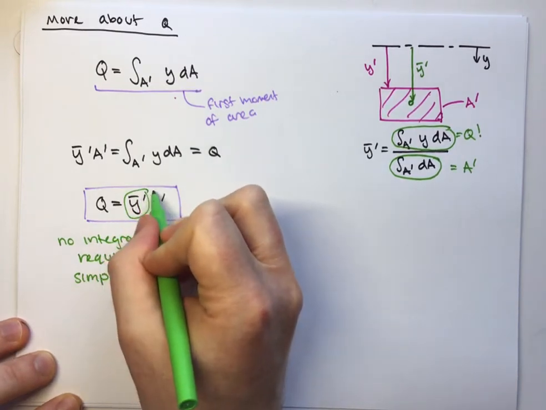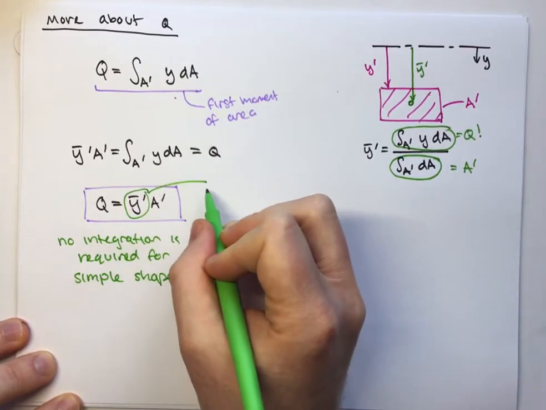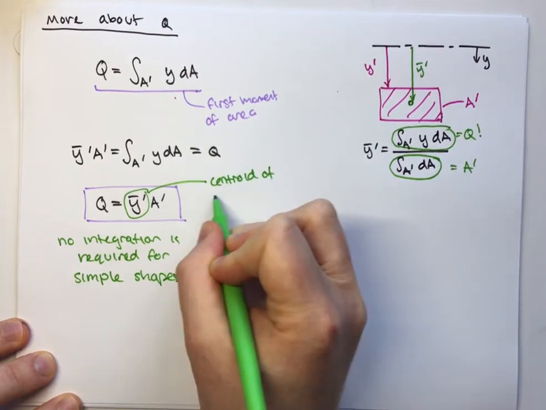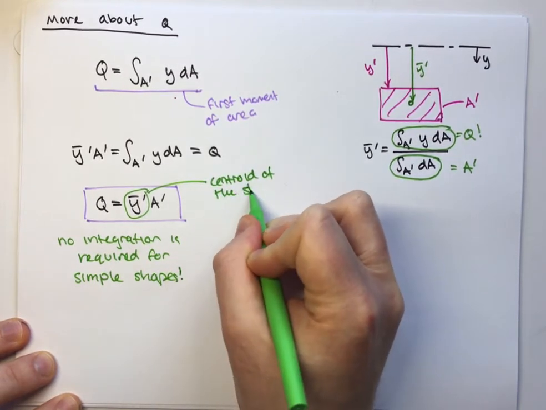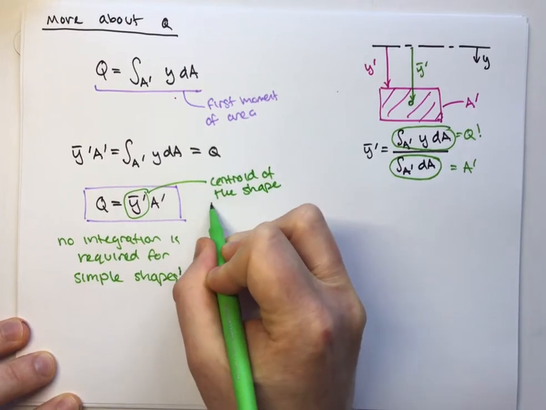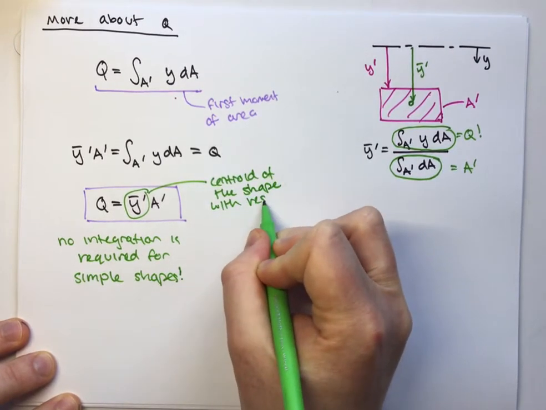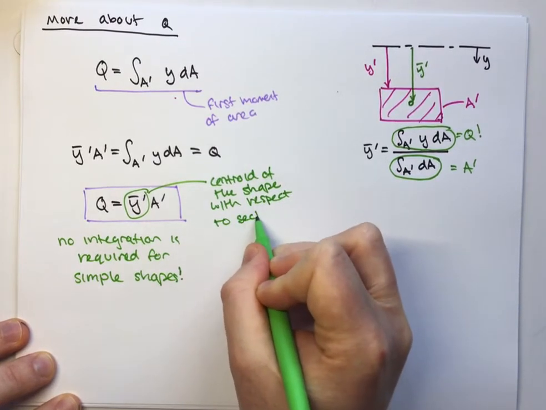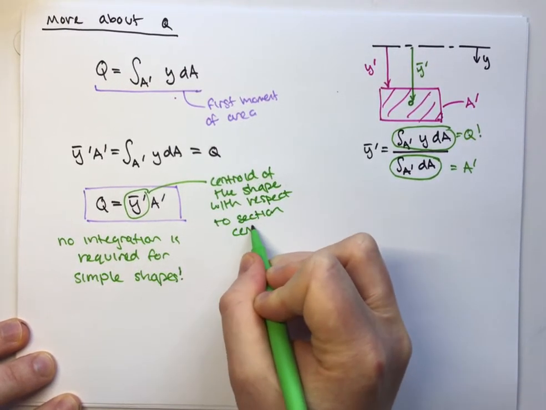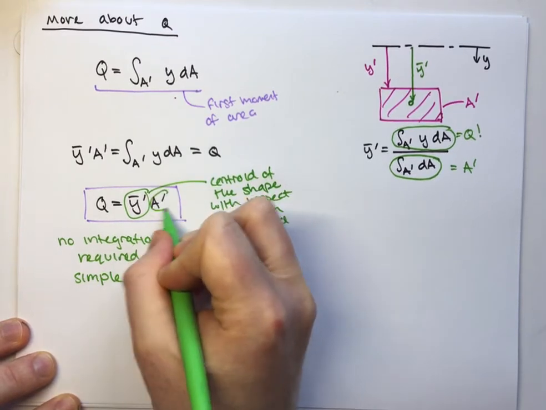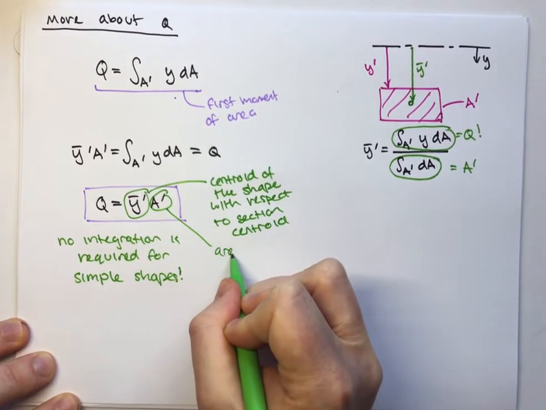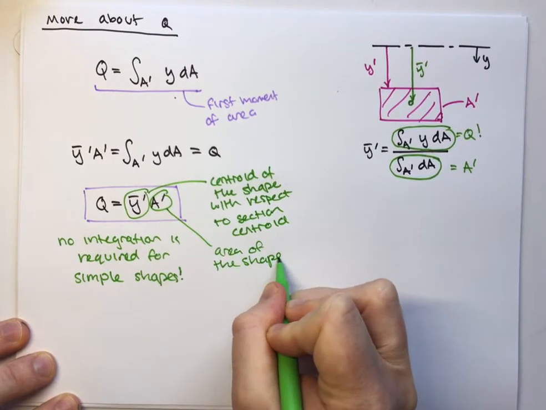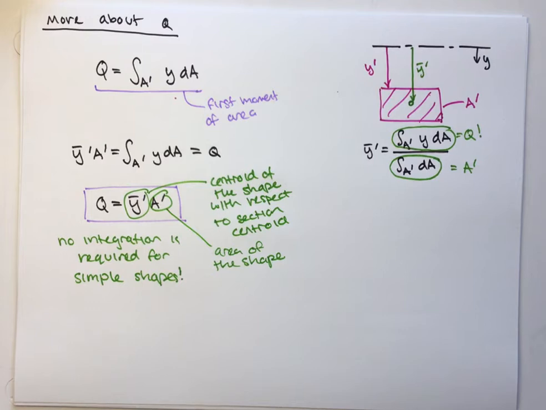We have here the centroid of the shape with respect to the section centroid. We have the area of the shape, and that's all we need.